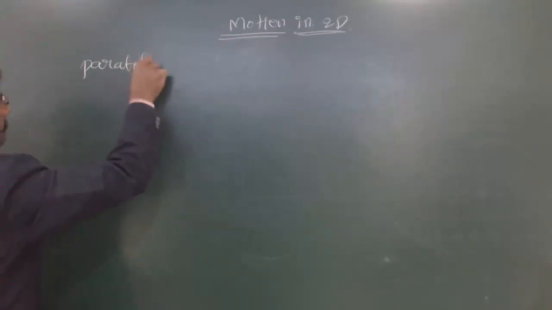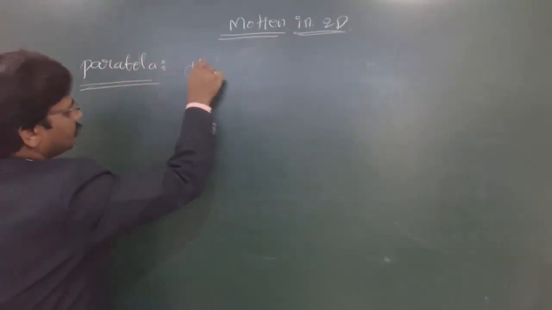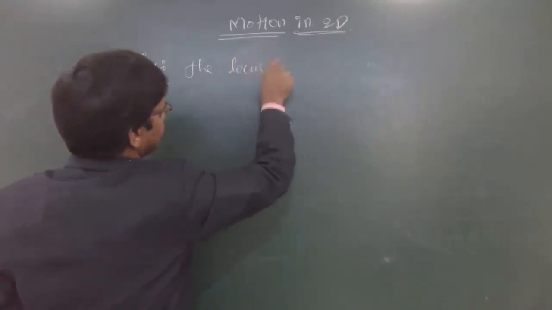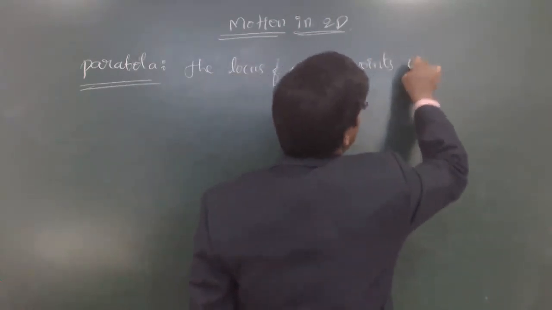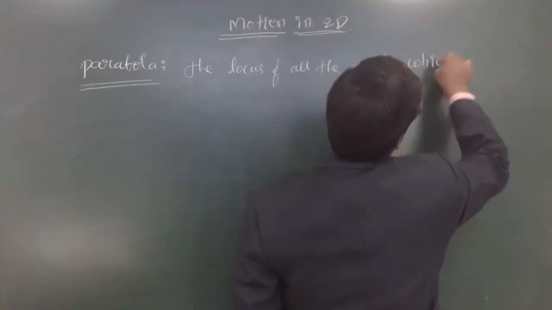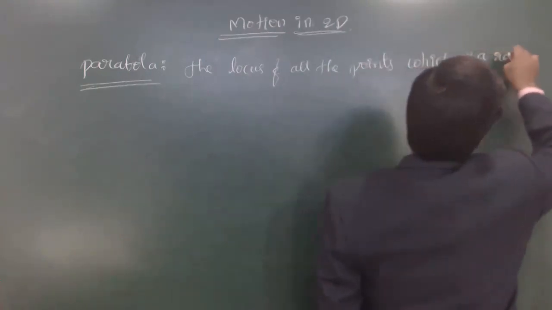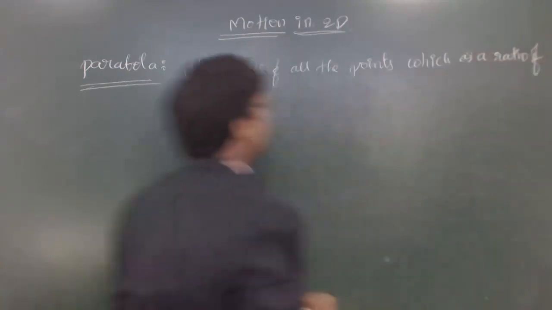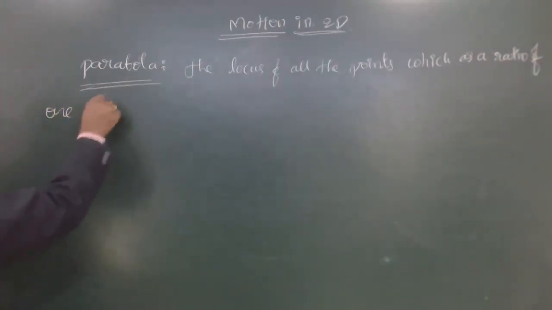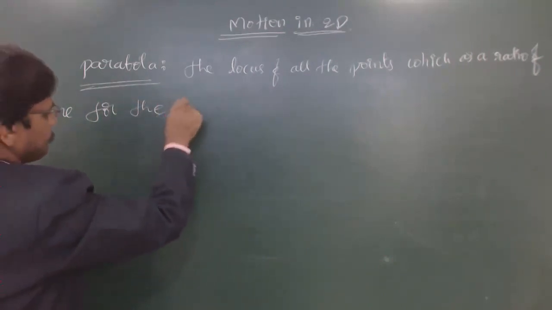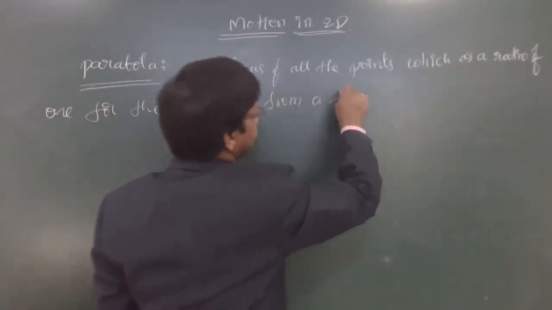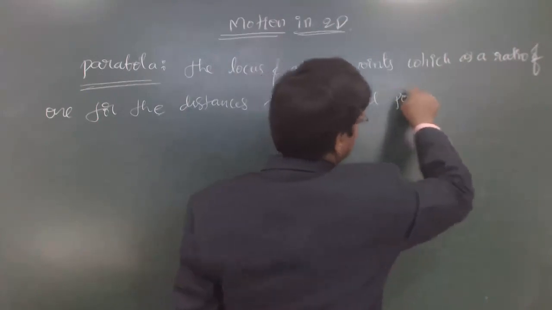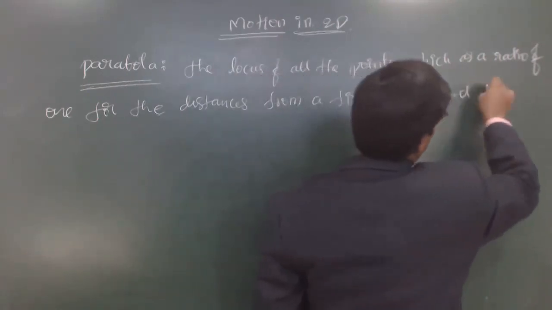So we'll discuss the parabola. The parabola is, by definition, the locus of all the points which have a ratio of 1 for the distances from a fixed point and from a fixed line.